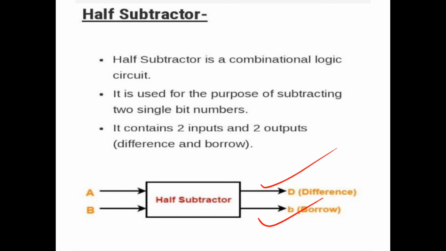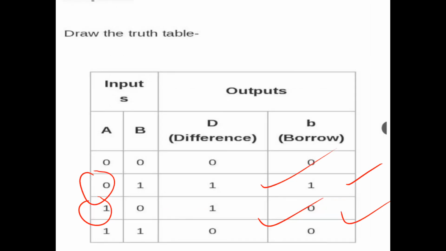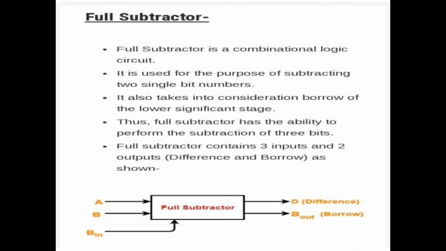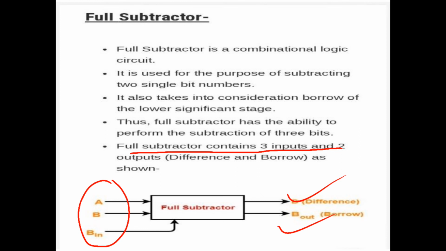So the subtractor will produce difference as an output and borrow as an output, and two inputs for the half subtractor, let us say A and B. Similarly for the full subtractor we again have the two outputs, difference and borrow, but the full subtractor contains 3 inputs and 2 outputs, so it is going to work with the 3 inputs.